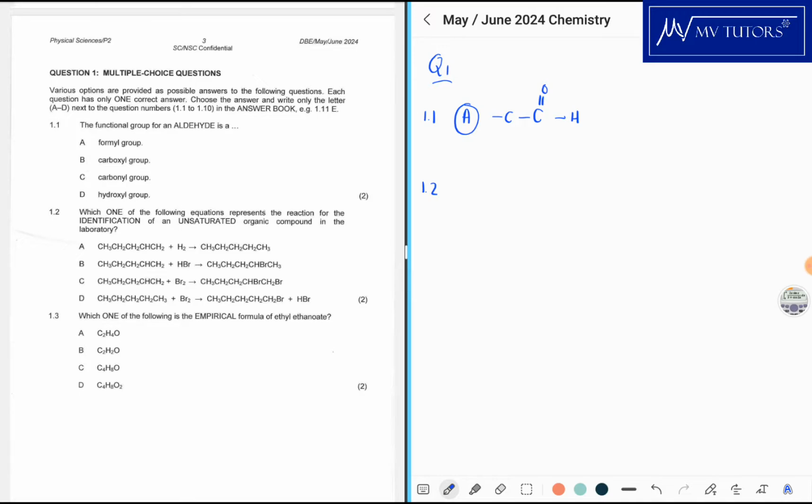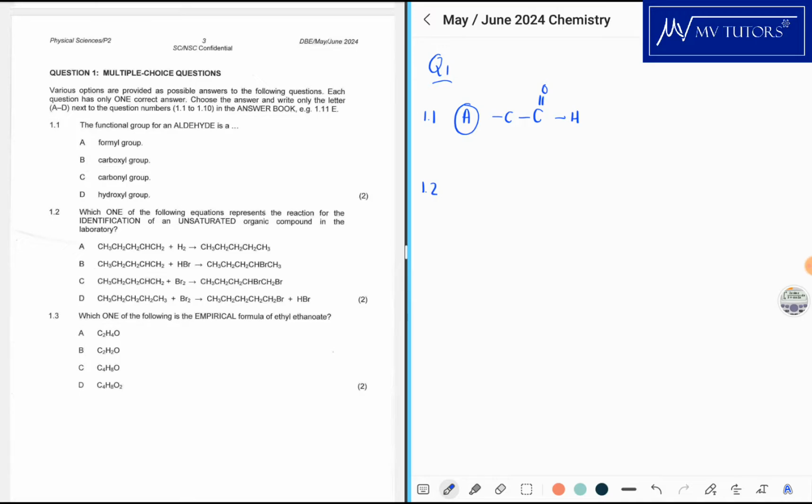Which one of the following equations represents the reaction for the identification of an unsaturated organic compound in the lab? Okay, so for A, the first portion, I see that we have a double bond. So we have an alkene, and then we add hydrogen there. So firstly, addition reaction, hydrogenation.